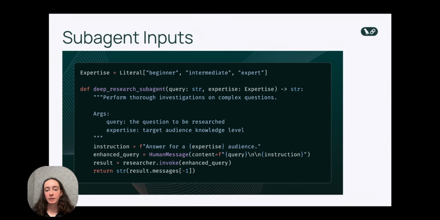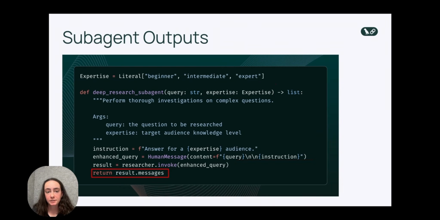In this case, we can add an expertise argument to our deep research subagent tool that can be either beginner, intermediate, or expert. Then we modify the human message that we're going to pass to our researcher based on this expertise. Generally, when we think about modifying subagent inputs, that can include filtering and editing the message history, or injecting additional relevant state or context.